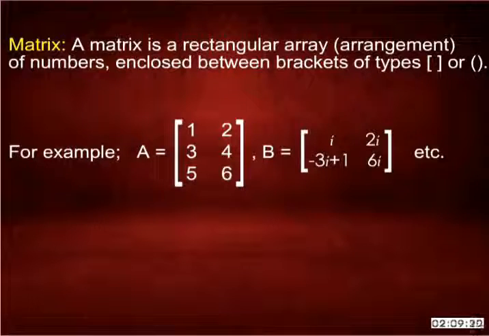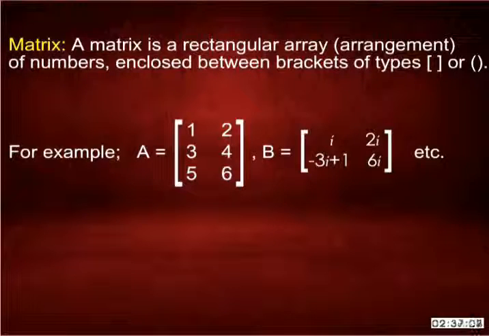Here A is an arrangement of numbers 1, 2, 3, 4, 5 and 6 in 3 rows and 2 columns. Matrix B is an arrangement of numbers iota, 2 iota, -3 iota plus 1 and 6 iota in 2 rows and 2 columns.